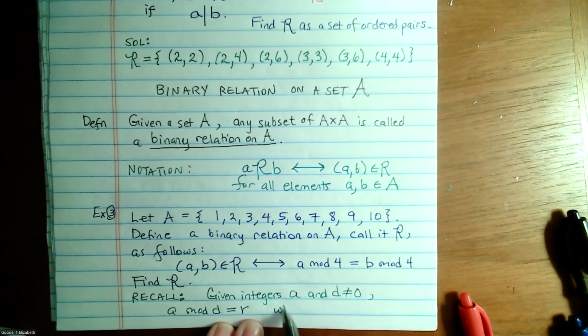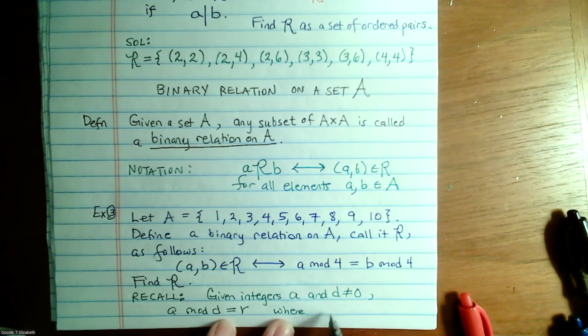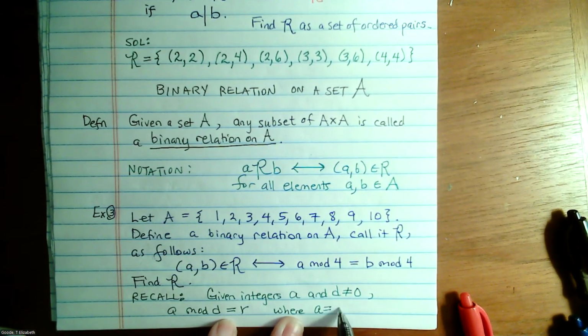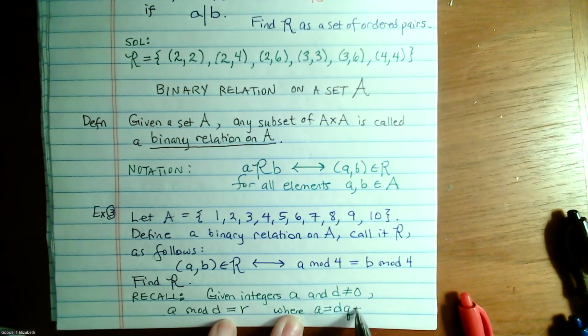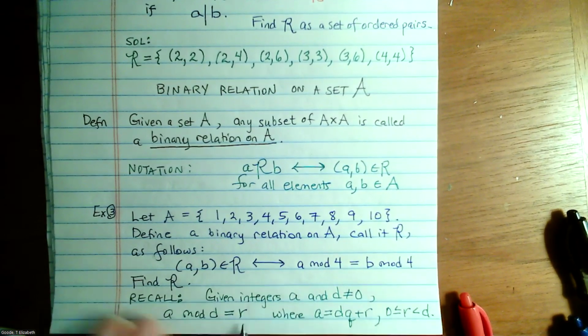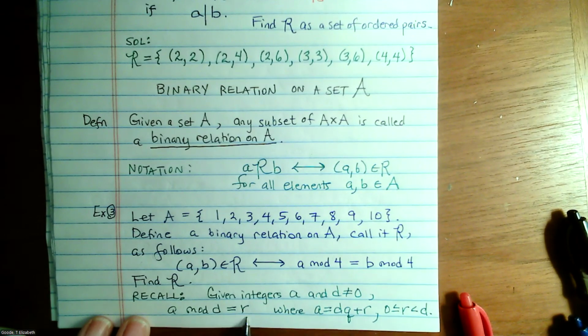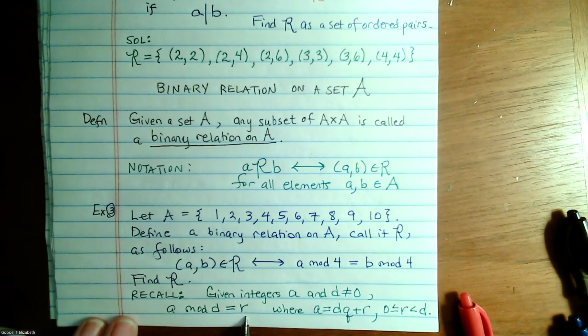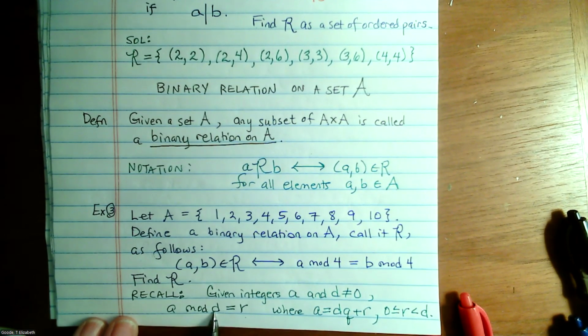Remember, the quotient remainder theorem is that a is equal to d times q plus r, where 0 is less than or equal to r, and r is strictly less than d. So a mod d is the remainder that we get when we divide a by divisor d. Does that sound familiar?